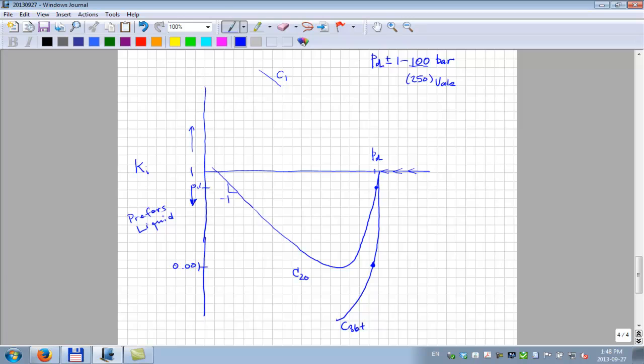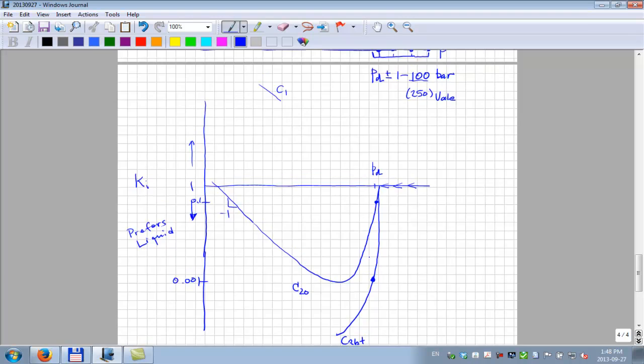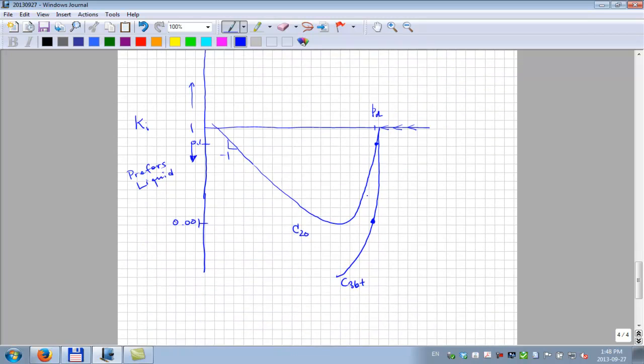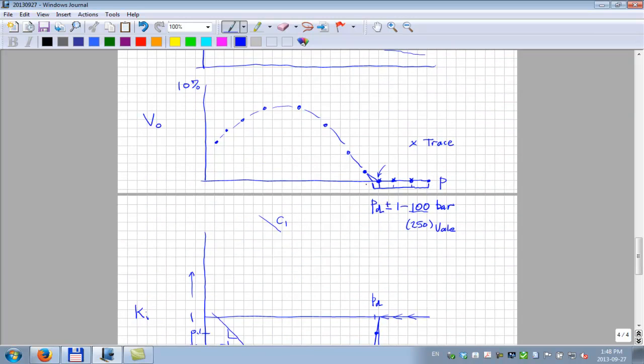This has got a hell of a lot stronger preference. That's why it forms in the liquid phase first. So that's why we would expect this early liquid to be very heavy components, because the K values are much lower. But my question was, why does this go up and then come down?